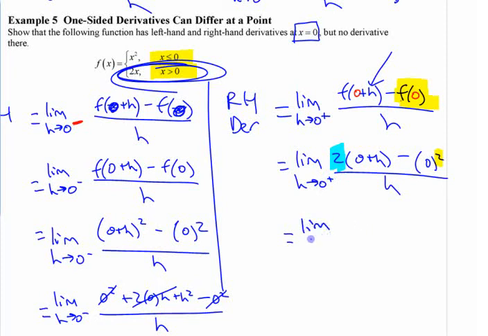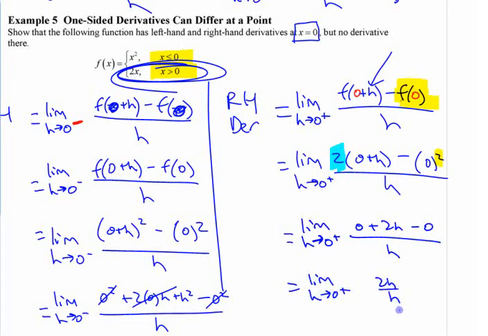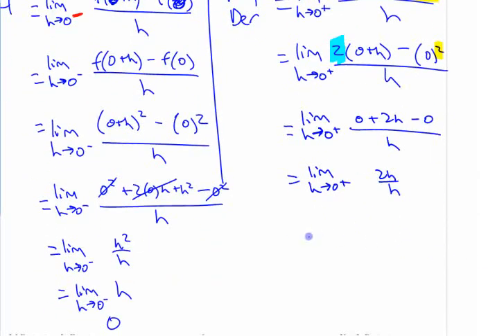This gives you what here? You have 0 plus 2h minus 0. I guess you don't really need those, right? Or in other words, you have 2h over h. Are you okay with where that comes from? And so that's where the 2 is going to come from.